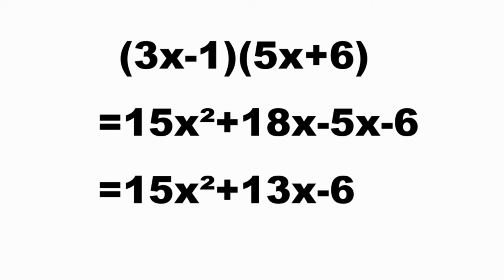So this one comes from 3x times 6, and negative 1 times 5x is minus 5x. The sum of those becomes 13x, and then minus 6 for the integers.